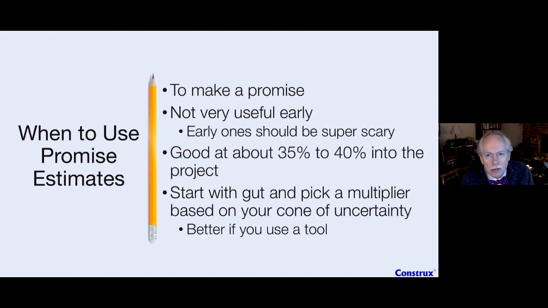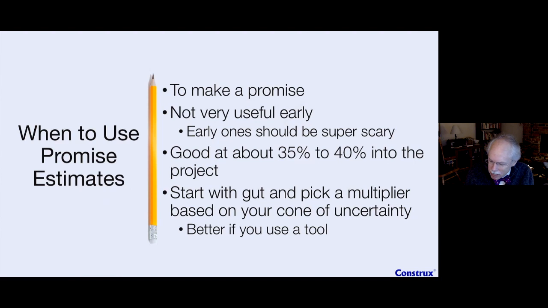So when do we want to use promises? Well, we use promise estimates, of course, to make a promise. But the trick is that early promise estimates are not very useful, because they're going to be super scary when we get that level of confidence that everything that typically can go wrong and has gone wrong on past work is going wrong on our work.